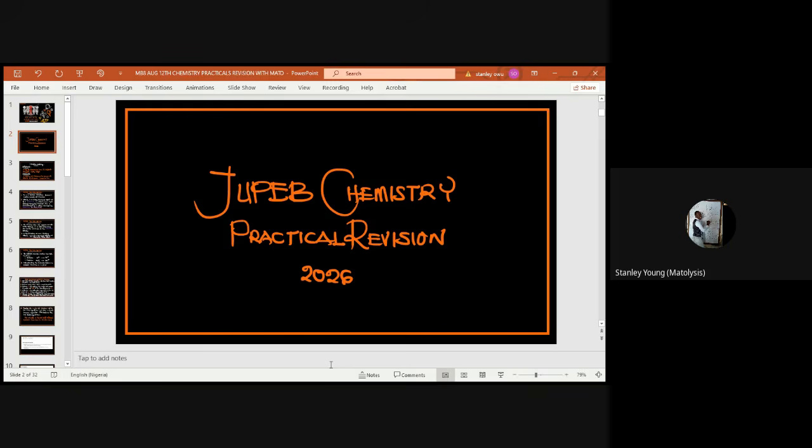And the very area we test under this is titration. While the second question is usually qualitative analysis, which is basically salt analysis, dealing with identifying cations and anions. But our focus today will be on titrations.